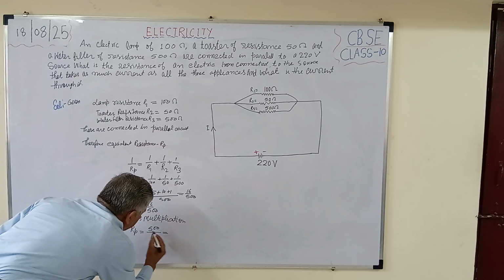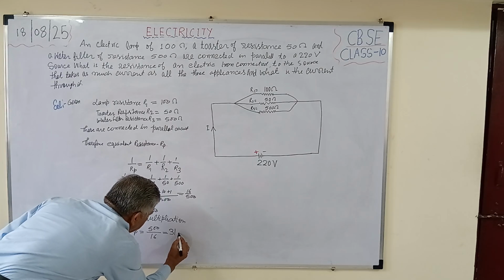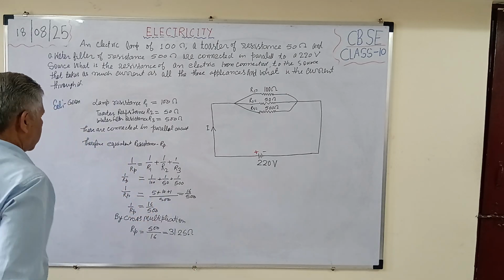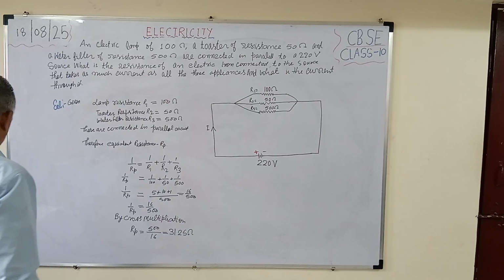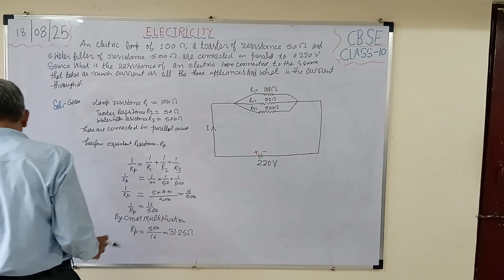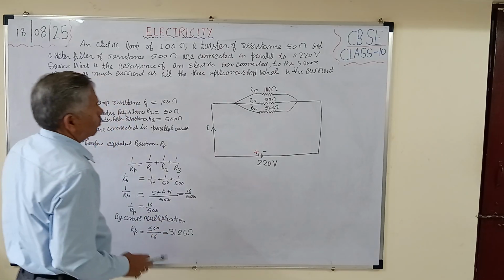Once we calculate it, we will get 31.25 ohm. So we have got the total resistance of the circuit as 31.25 ohm.